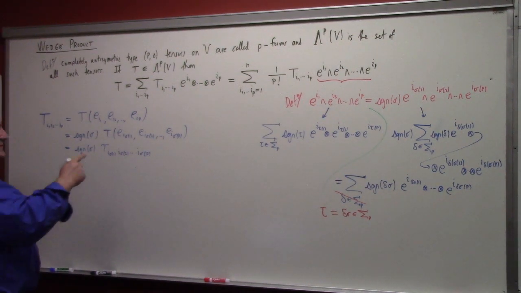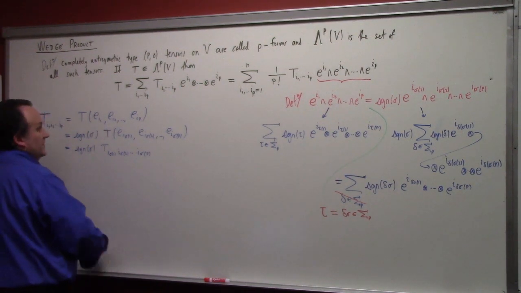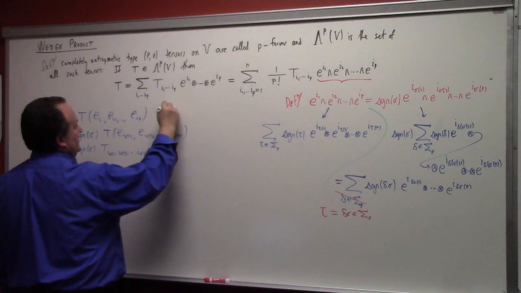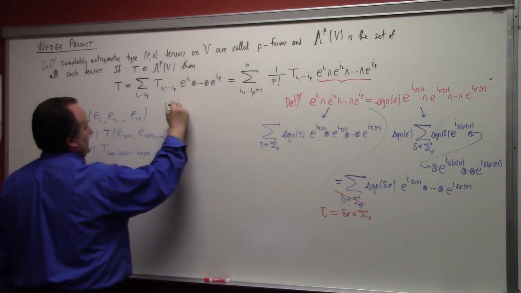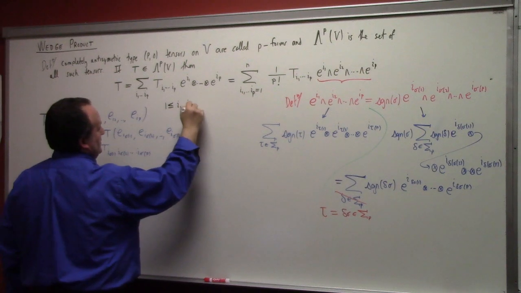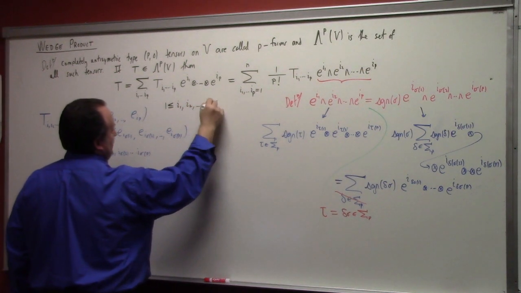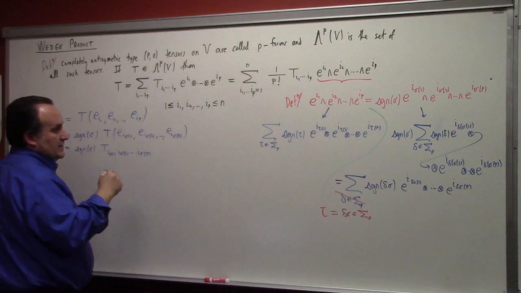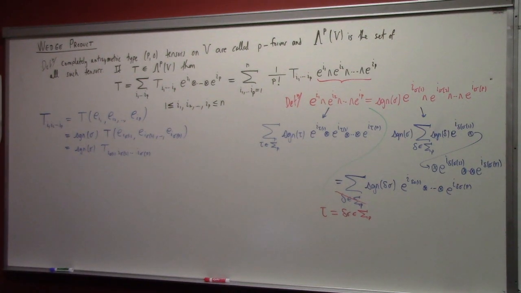I have to think about these indices up here, right? What's going on here is 1 is less than or equal to i1, i2, up to ip, and these are less than or equal to n, right? Sorry, I'm getting hung up on the combinatorics at the moment.